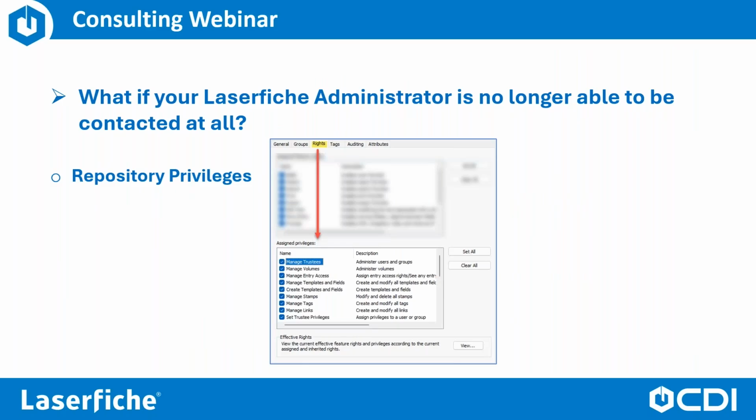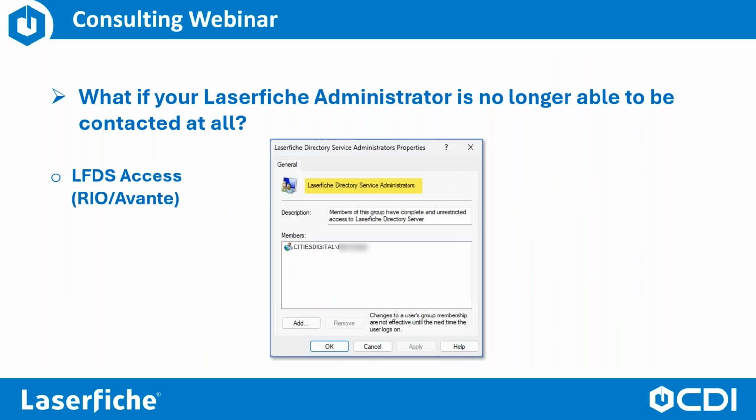Really important pieces of the puzzle, and you don't have to necessarily give them everything if you don't want to. Maybe if it's a temporary situation where the admin's just on vacation, they might not need managing entry access, but maybe some of the other privileged tasks.